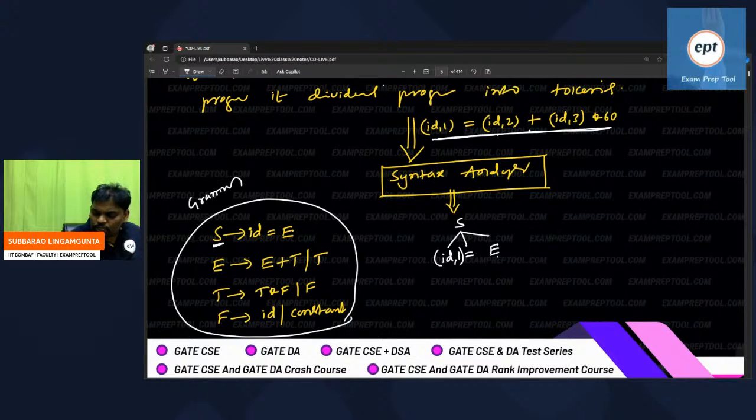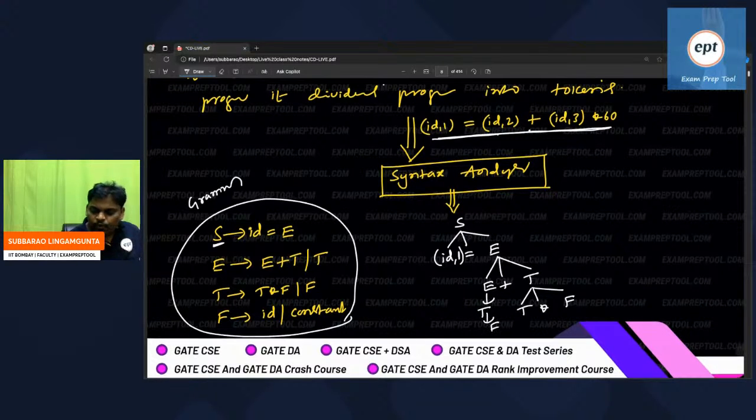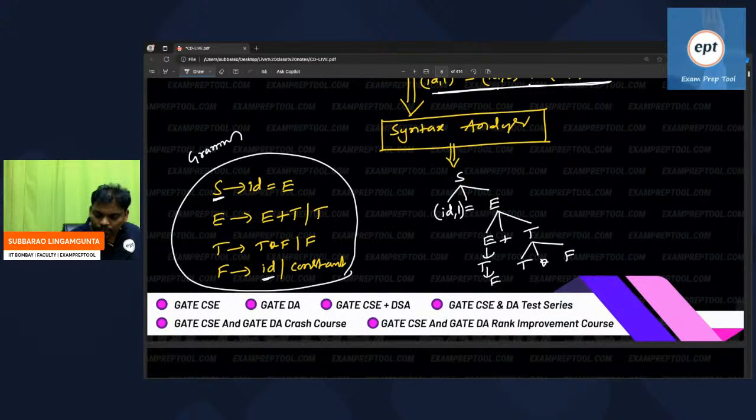Next, E goes to E plus T. T goes to T star F. Next, E goes to T. T goes to F. F goes to ID, which is ID2. Next, T goes to F. F goes to ID3. Next, F goes to constant, which is 60. If anyone has a small doubt, I will clarify.